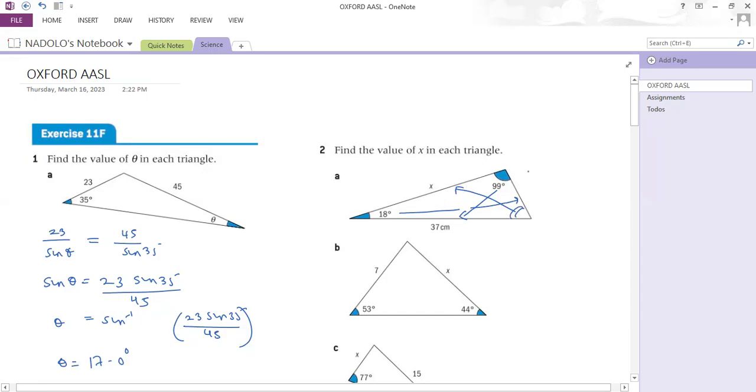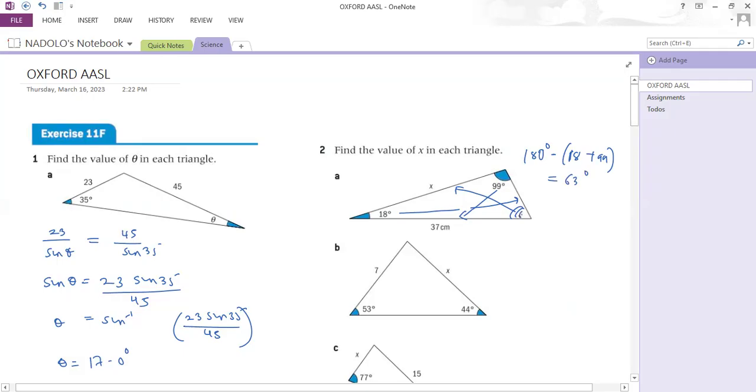And we can use the properties of triangles that all the interior angles will add up to 180. So we are going to subtract 88 and 99 from 180 to get that one angle.